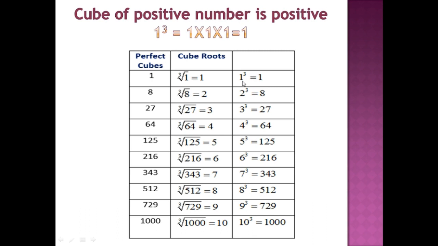Let's see here. 1 cube is equal to 1. 2 cube is equal to 8. We will multiply 2 three times. 2 multiplied by 2 multiplied by 2, and you will get 8. I have given an example here. 1 cube is equal to 1, 1 multiplied three times is equal to 1.